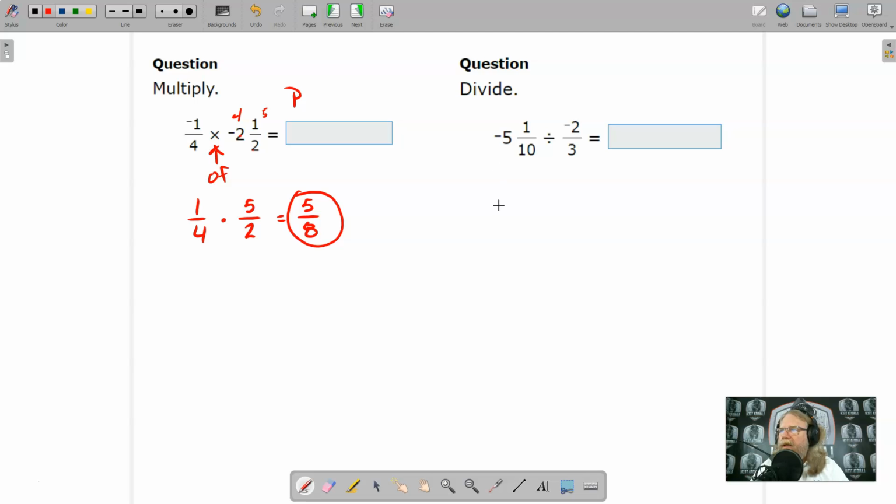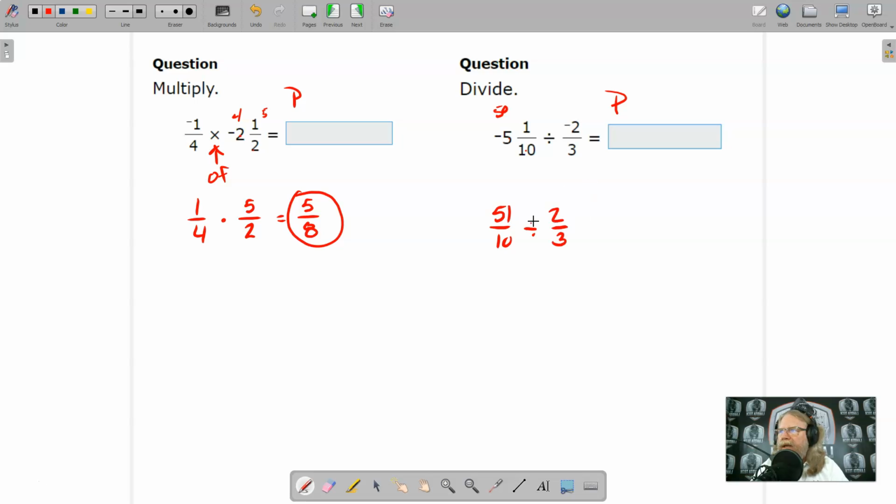On the next one, negative times negative is positive, so my answer is going to be positive. And here I want to go ahead and probably go mixed number to improper fraction. So 10 times 5 is 50, plus 1 is 51 over 10. And I'm going to divide that by negative 2/3. Well, let's just say 2/3.